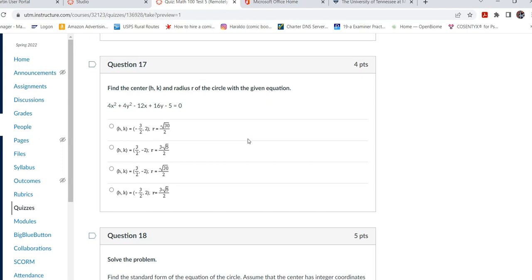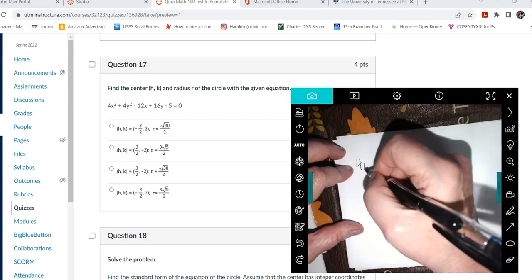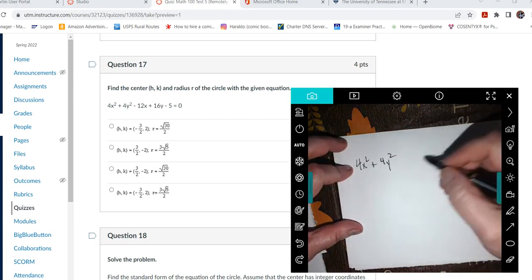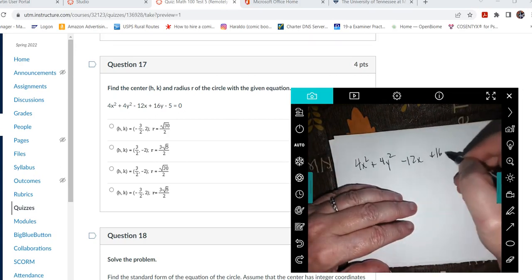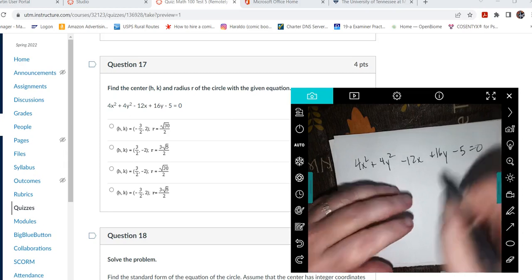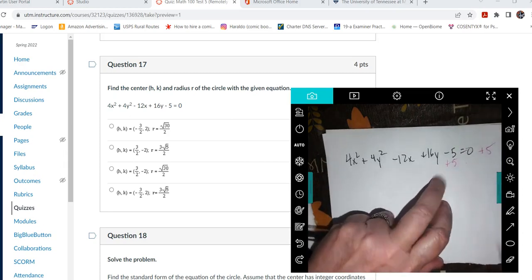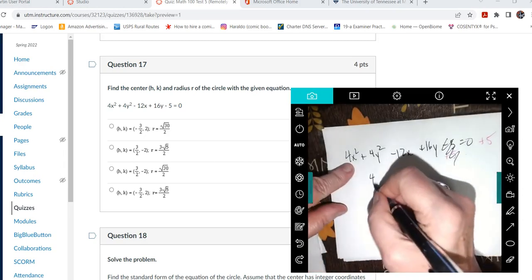Okay, so let me get this down. I have 4x squared plus 4y squared minus 12x plus 16y minus 5 equals 0. Okay, so I'm going to get the 5 to the other side. And I'm going to put my x terms together.